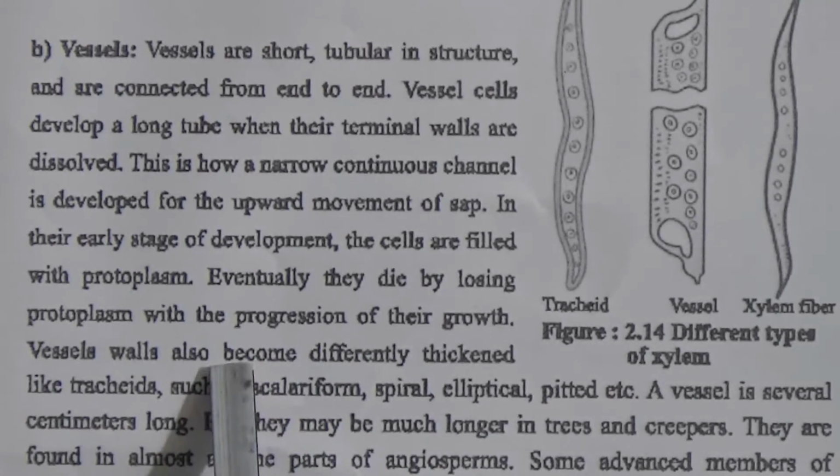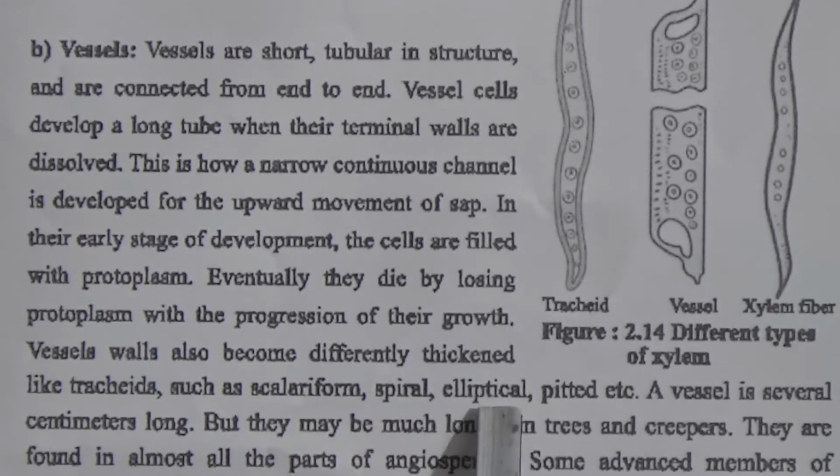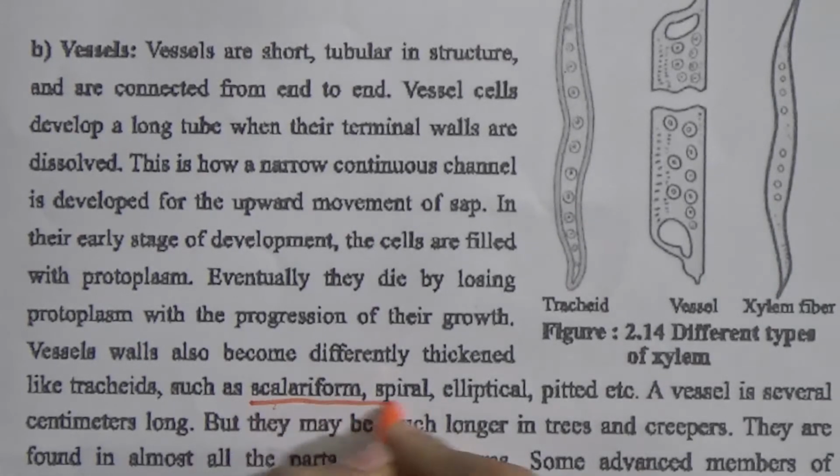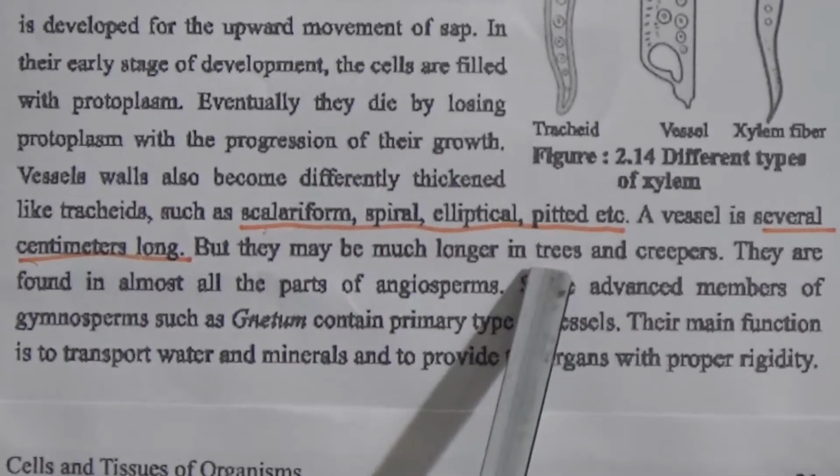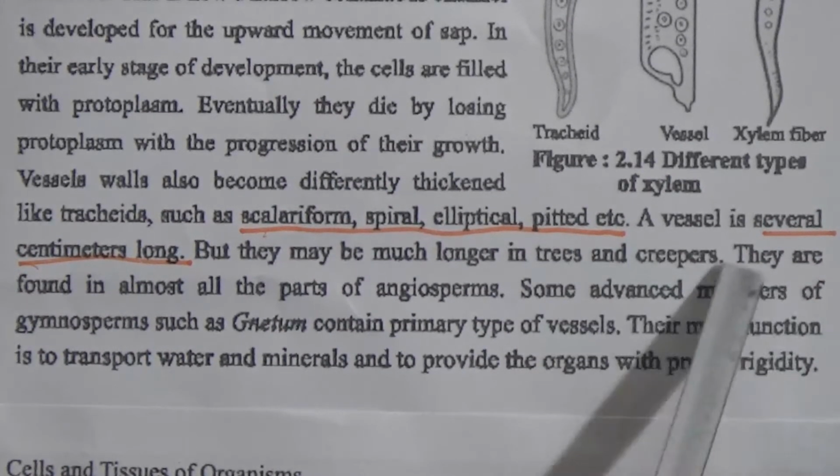Vessel walls also become differently thickened, like tracheids, such as scalariform, spiral, annular, pitted, etc. A vessel is several centimeters long, but they may be much longer in trees and creepers.